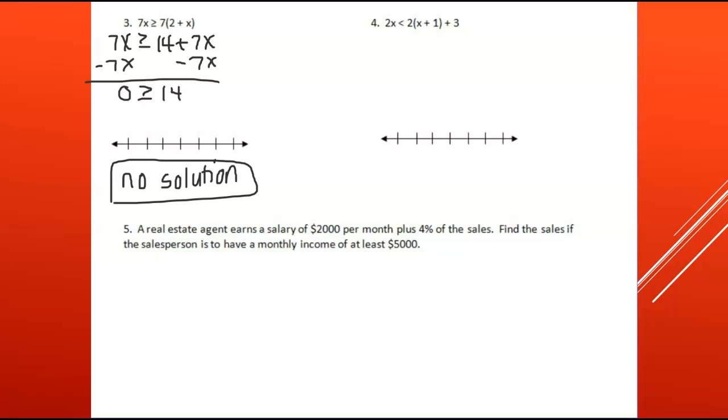Number 4, we get 2x is less than 2x plus 2 plus 3. Combine your 2 and 3. Subtract 2x.